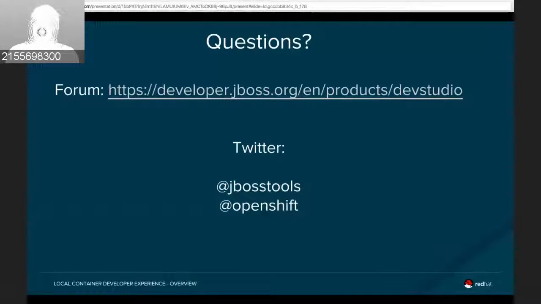So the CDK supports a number of different virtual machines, and we want to make sure that we can allow that to be selected during the install process if you already have them installed. I think that would be the key thing.